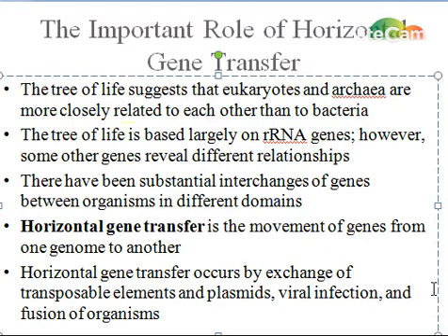And there have been substantial exchanges of genes between organisms in different domains. This horizontal gene transfer occurs by exchange of transposable elements, by the exchange of plasmids, through the use of viruses as vectors in viral infections, and also through the fusion of different organisms.